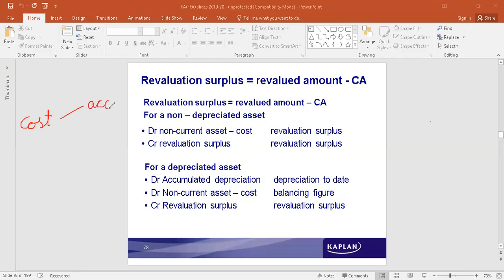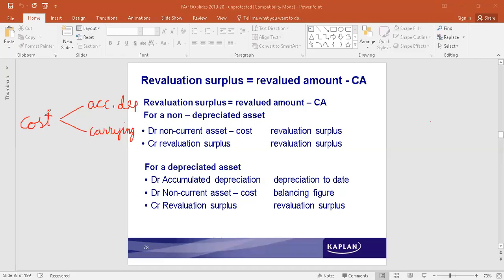So the cost of the asset is split between accumulated depreciation and the carrying value of the asset. But the carrying value of the asset is not shown in the books of accounts. The carrying value, or the book or written down value, is not shown in the books of accounts.